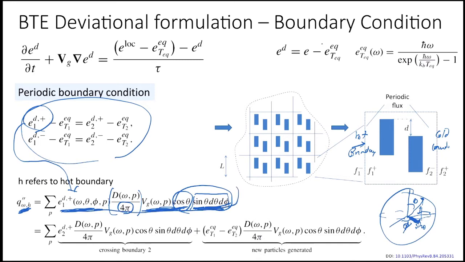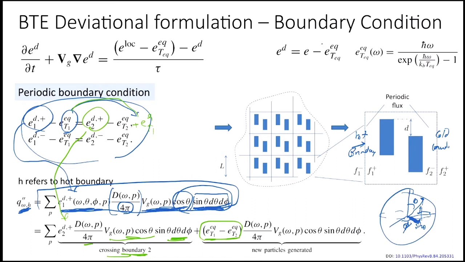And this term has to be equal to, taking this term on the right hand side, the term ED2 positive d omega by 4 pi Vg cos theta, again the same thing. So basically the particle crossing the right boundary. And if you take this to the right hand side, it becomes E equilibrium T1 but with the positive sign. So T1 is with positive sign, T2 is negative sign, times again the same thing.